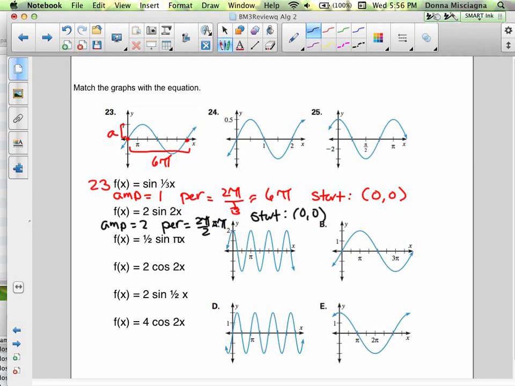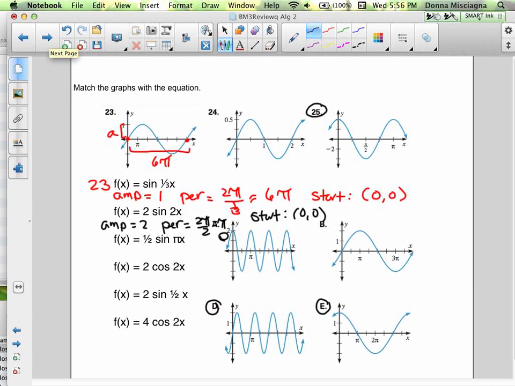If we look, amplitude of 2, this graph has an amplitude of 2, and this graph has an amplitude of 2, and so does this one. There's several here that have an amplitude of 2.